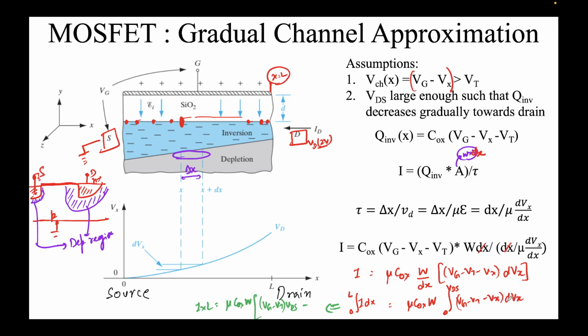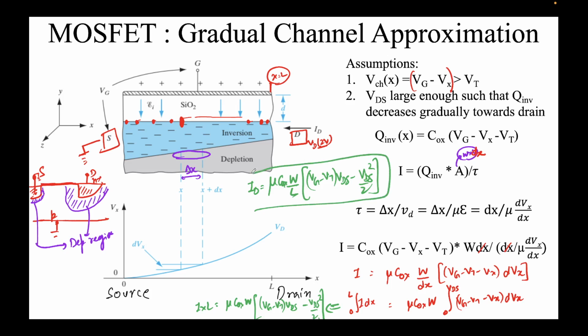So it will be x squared by 2. It will come out to be Vds squared by 2. This is I times L. Again, if you bring L on the other side, so the final expression will come out to be Id equals mu C ox W by L. L has come downstairs. Vg minus Vt times Vds minus Vds whole squared by 2. This is the final expression of current that we had arrived at.